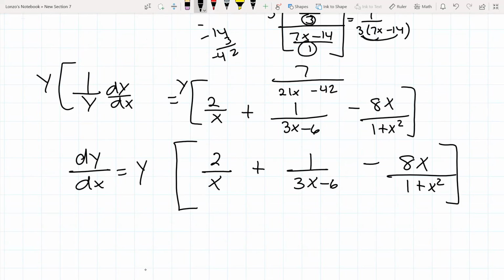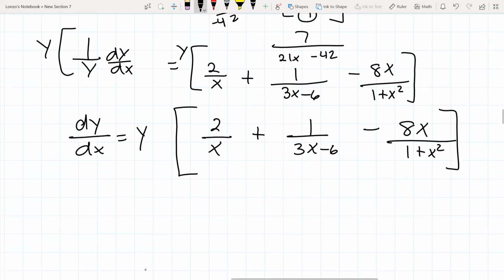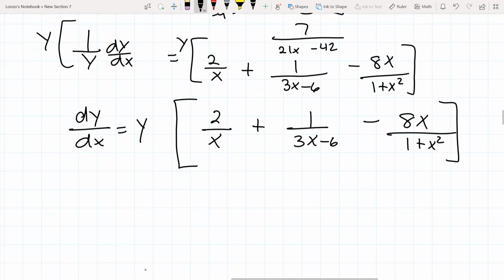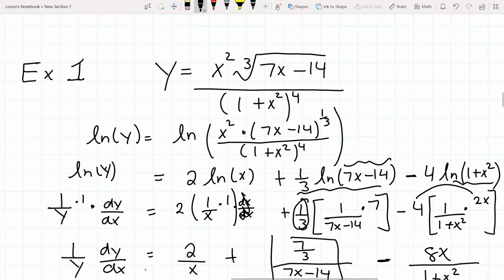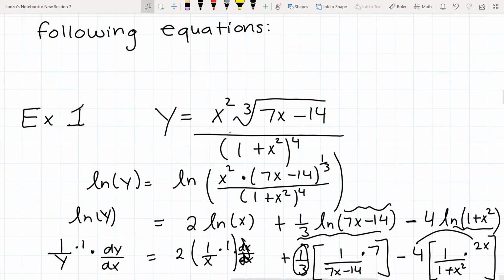Okay, you have the option of combining this side by collecting like terms, or you could just leave it like that. That's perfectly fine. And then the last step is replace y with the original problem. So the original problem is this thing.